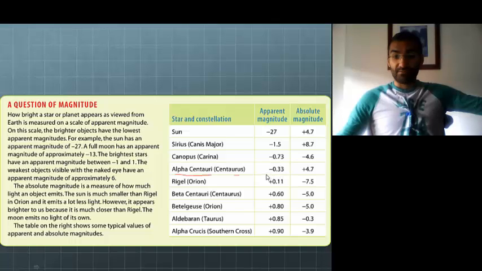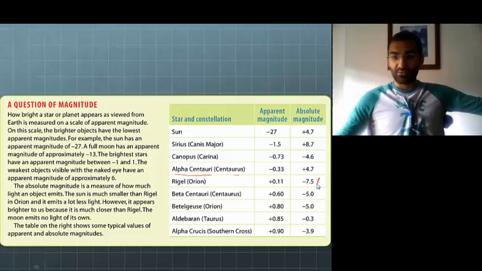Now, it has an apparent magnitude of minus 0.33. So that means it's relatively bright. It's brighter than the rest of these ones as far as we can see. But, interesting thing, if we look across this side, this is our absolute magnitude. So if we were to line these up in order of brightest to dullest, we're looking for the largest negative number.